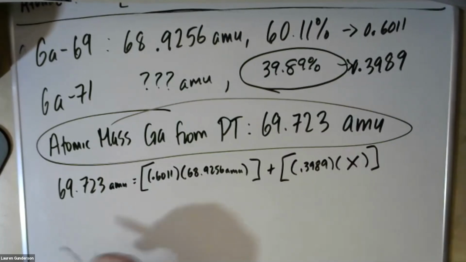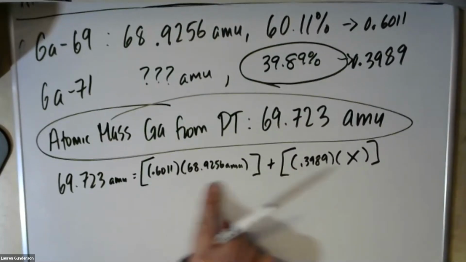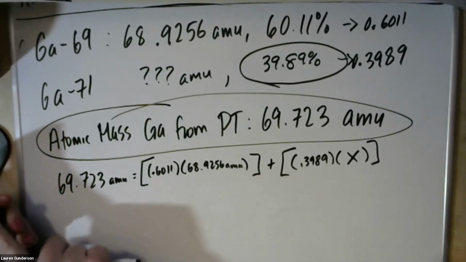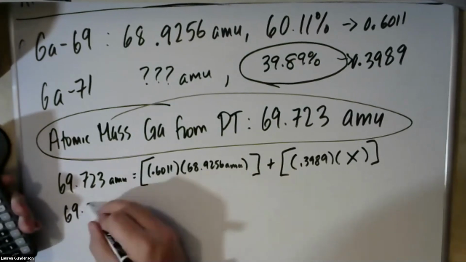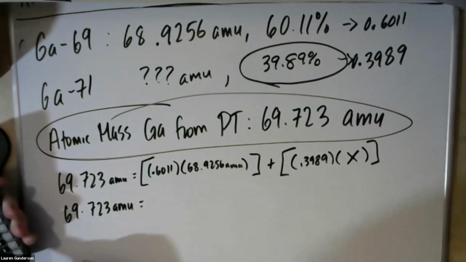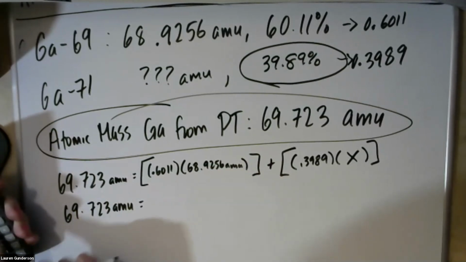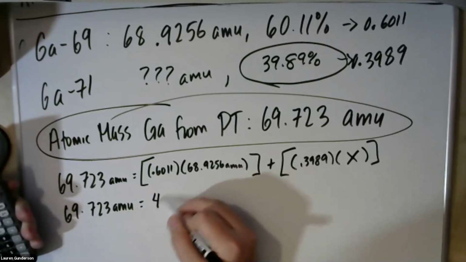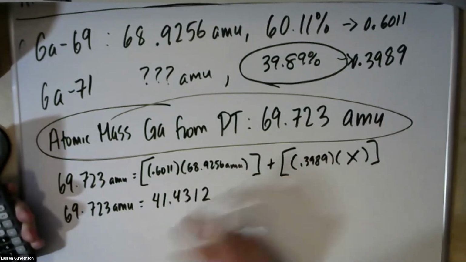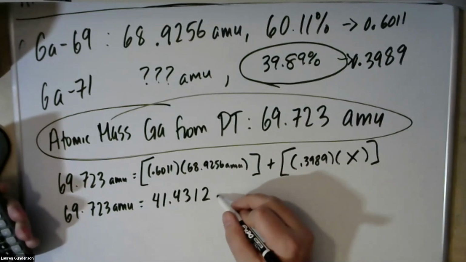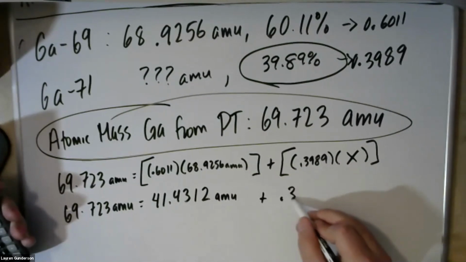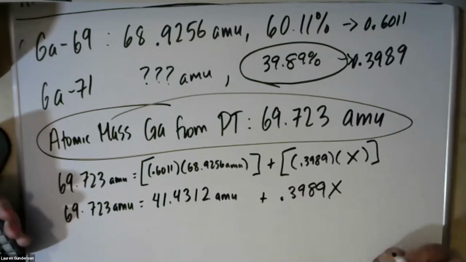Okay. So now this just becomes an algebra problem. I'm going to multiply this little set of parentheses out. I'm going to keep some extra decimals until the end. And over here, this turns into 0.3989x.